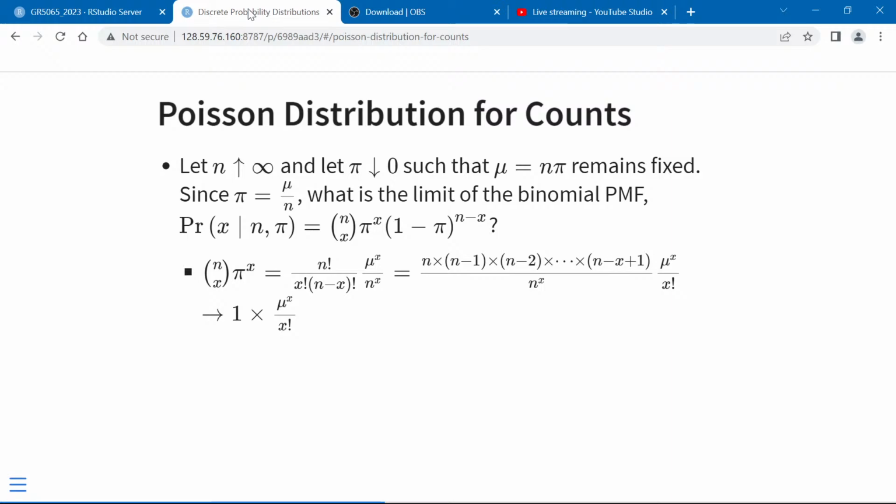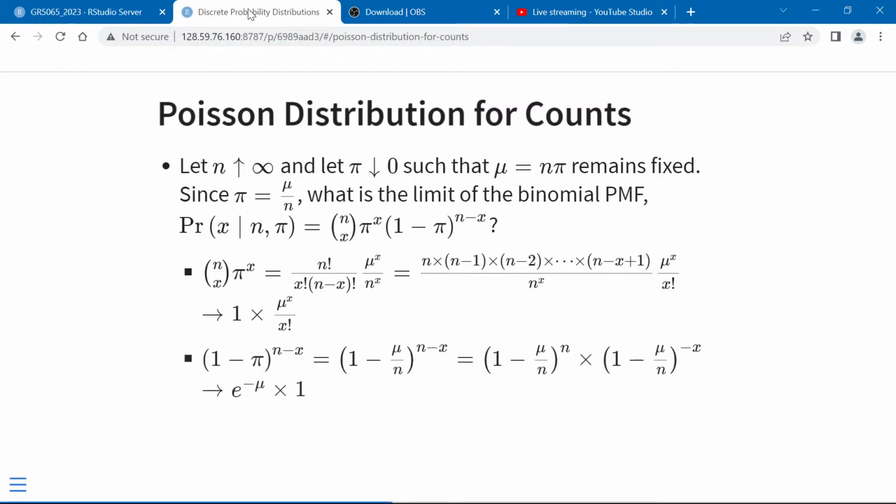That's going to involve n x times in both the numerator and the denominator. So that one's going to go to 1, just leaving this piece left over, mu to the x divided by x factorial. And if we take the other piece, 1 minus pi raised to the power n minus x, substitute mu over n for pi, separate out these two terms here, with 1 minus mu over n raised to the power n, the other raised to the power negative x.